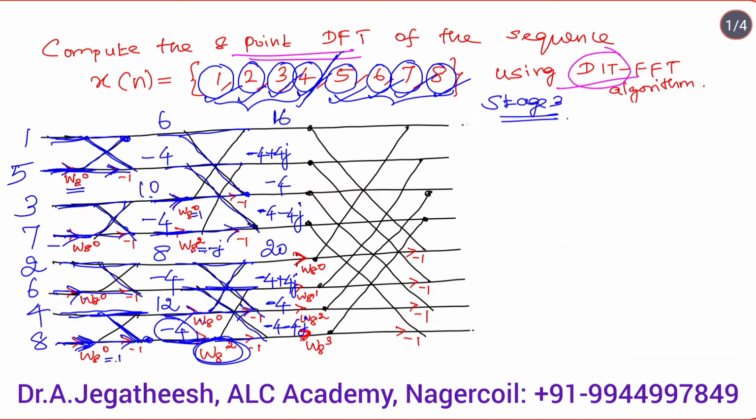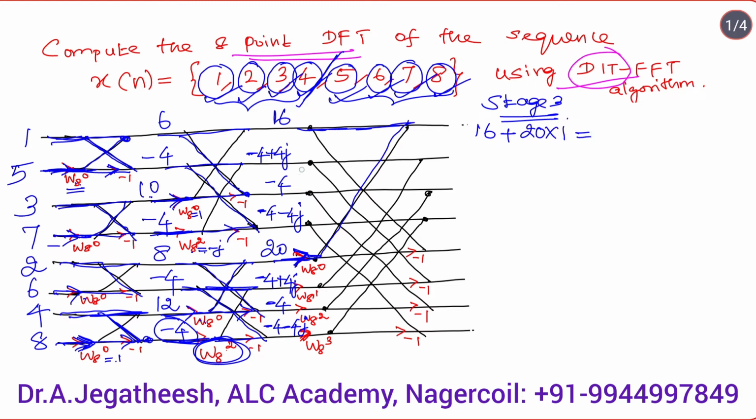Now we can do the calculations for stage 3. Here 16 is coming. Here 20 is coming with the twiddle factor W8 power 0. W8 power 0 we already know it is 1. So 16 plus 20 into 1.